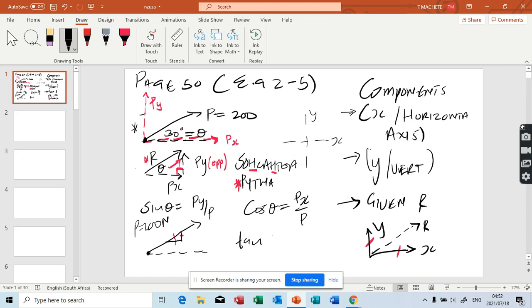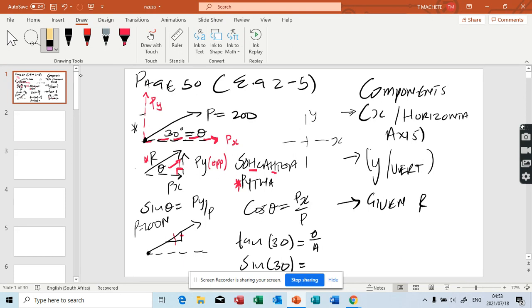tan theta, which is 30 degrees, equals opposite over adjacent. Or sine 30 degrees equals opposite over hypotenuse.